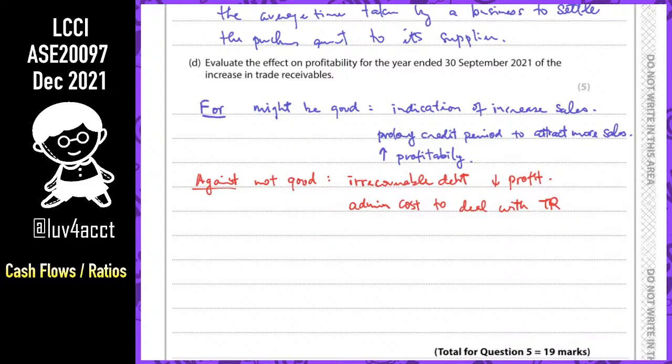More people have to be there, or a junior accountant would be enough, but we still have to employ more people to deal with this, to send them statements, to call them, to remind them to pay. Admin costs, and this also decreases the profitability of the company.